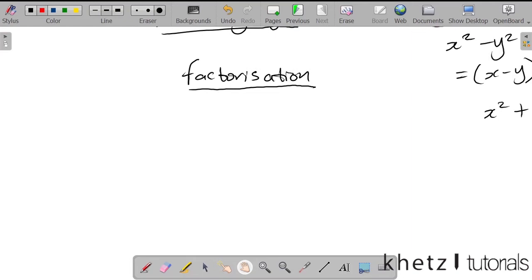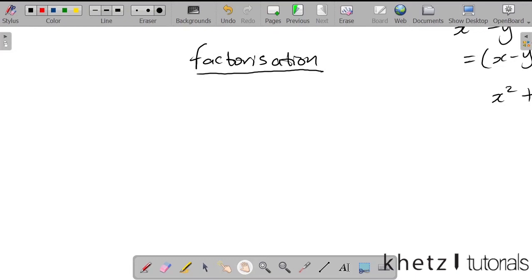Now in factorization, we're basically interested in finding brackets, whatever number of brackets are necessary to symbolize the factors which form an equation.